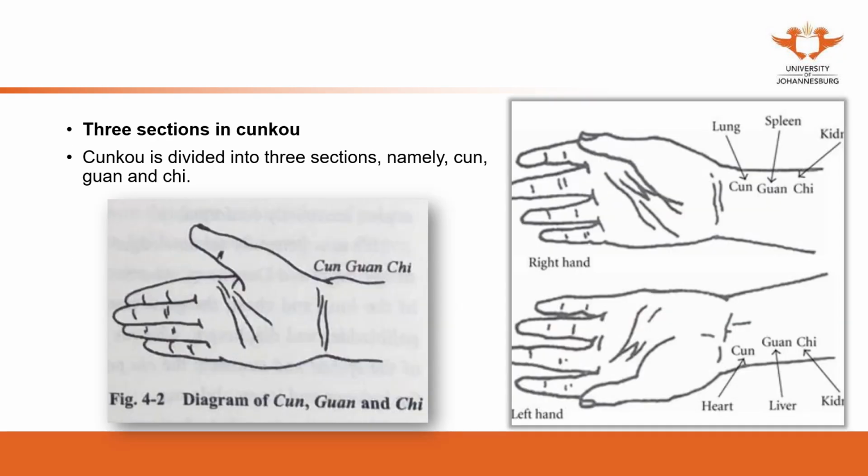The 寸口 area refers to the radial styloid process area. So it's close to the radial styloid process, close to here. And this 寸口 location can be divided into 3 sections: 寸, 关, 尺. These are direct translations from Mandarin.